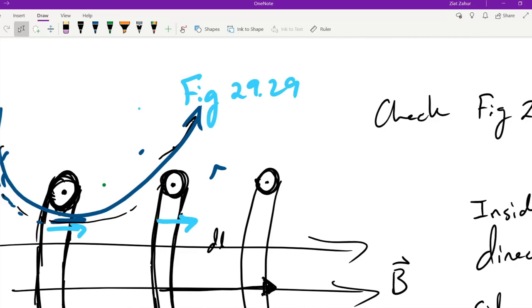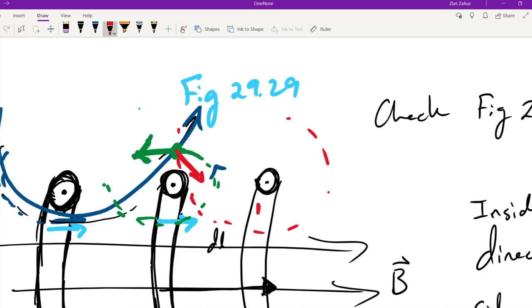The fields of the three loops nearly cancel here. That's because the second one, let's use green, it curls around, and so it has a vector that points to the left. That's from the second one. And I'll use red for the third one. As you curl, the third one gives you a vector that is pointed downwards to the right.